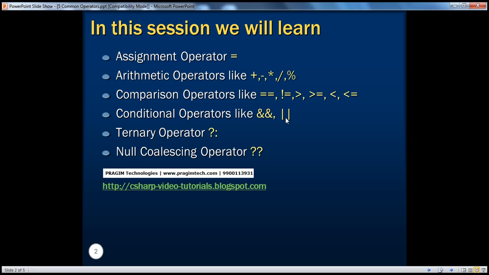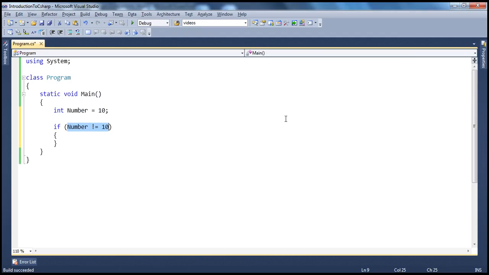And the other most important operators that we have in C Sharp are the conditional operators, the and, or. Basically, if I have to check two conditions, then I can use the and operator. If satisfying one of the conditions is enough, then I can use the or operator. Let's look at an example for this. Let's say I have number, and I have another number, maybe set to 20.